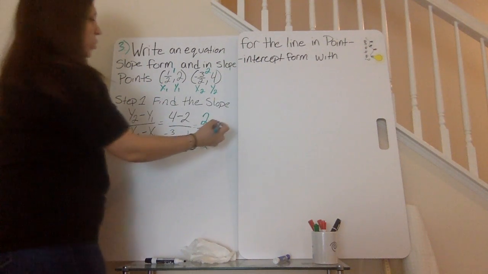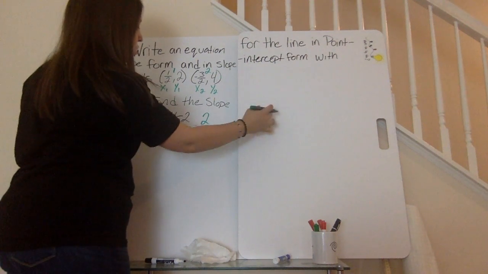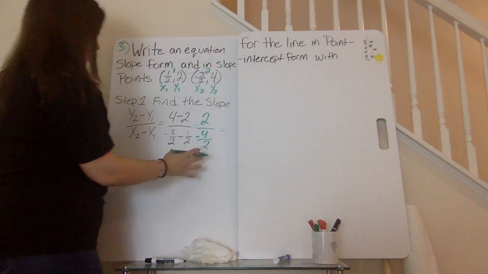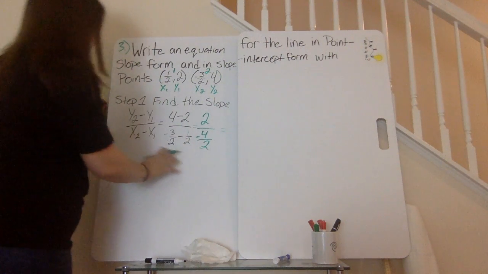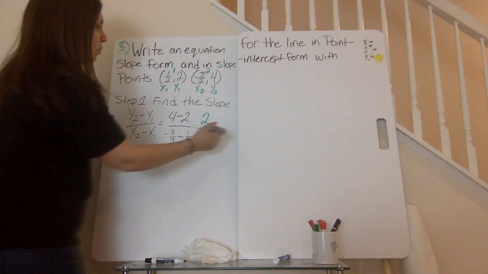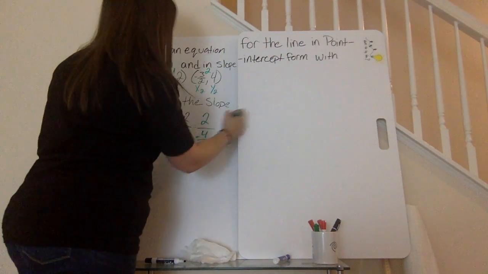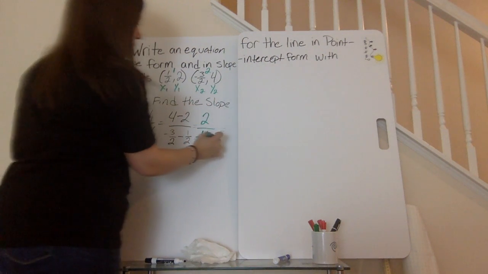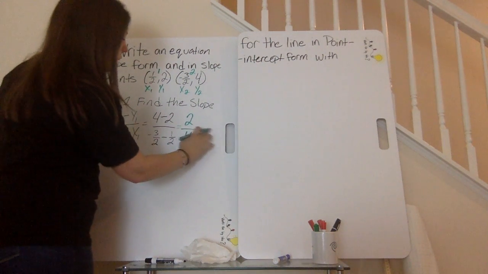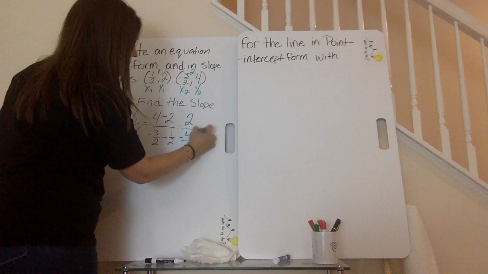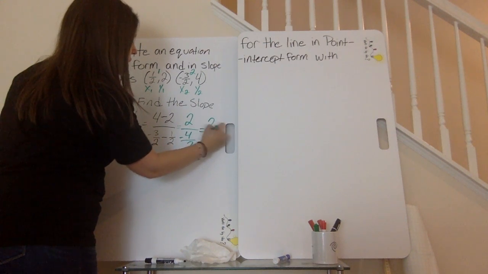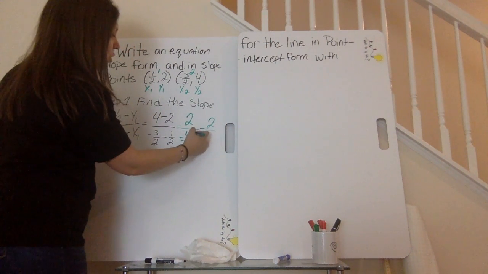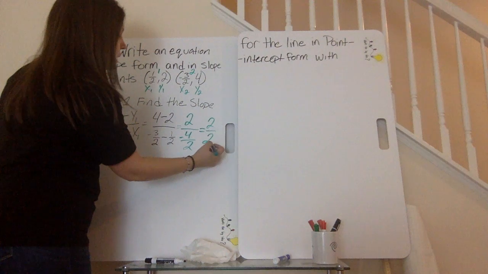I keep going, and we'll move on to this side. So the 2 stays up on the top, divided by 2 goes into 4 2 times.